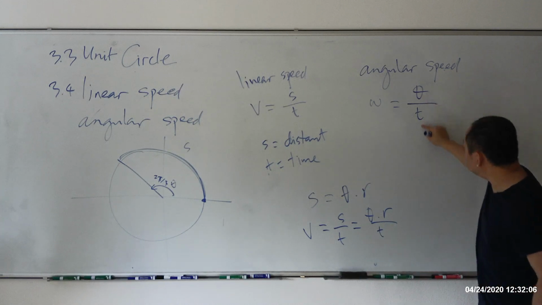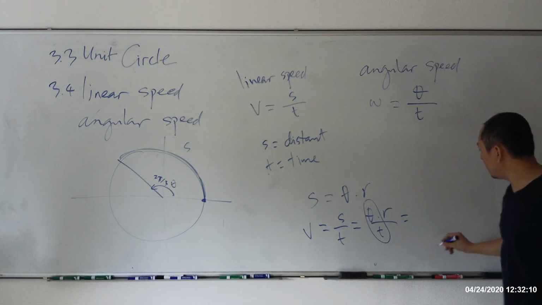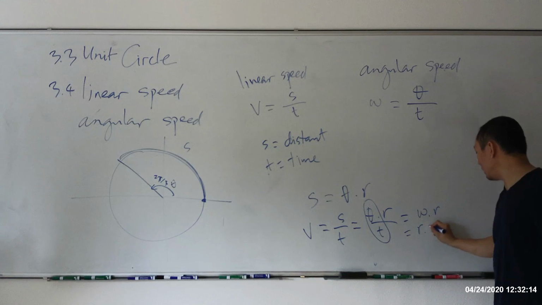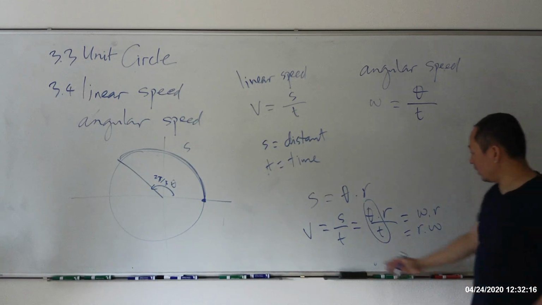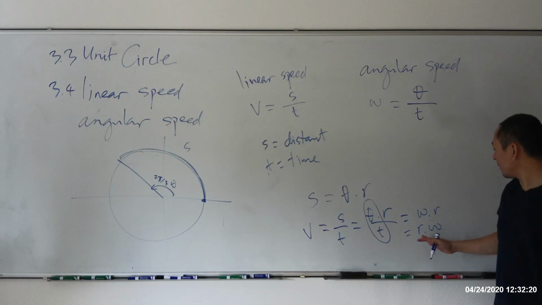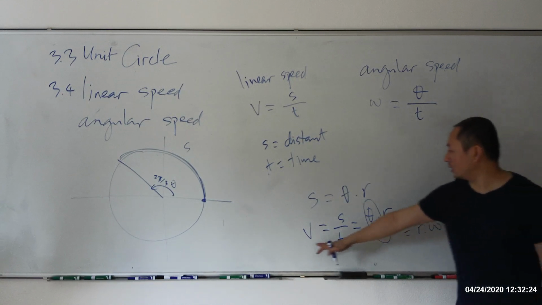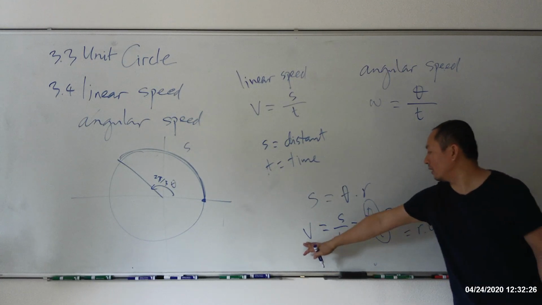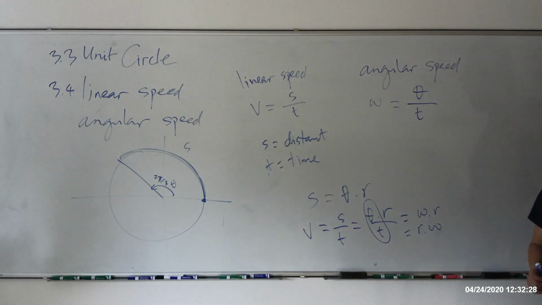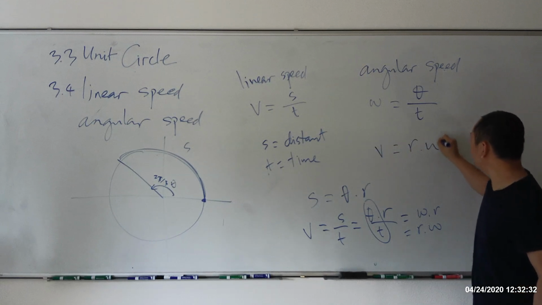And theta over t is the omega, so this is omega times r, or r times omega. Whenever you have the angular velocity, you multiply by r and you get the linear velocity. If you have the linear velocity, you divide by r and you get omega. And this is the relationship: v is equal to r times omega.